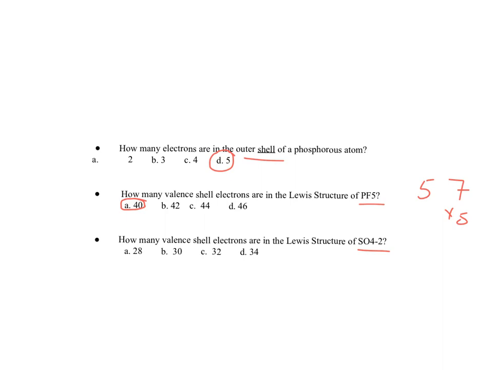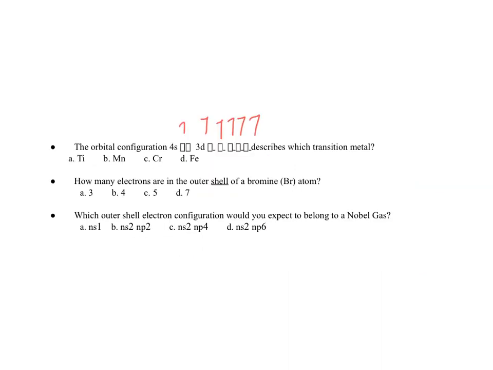That's 5 times 6, right? Because you got 4 oxygens and 1 sulfur. So that's 30. But you got a minus 2 charge here. So you got to add 2. So that comes out to 32. And again, it's that answer. We didn't do Lewis structures, okay? So don't worry about Lewis structures. But you can count valence electrons. You know how to do that.